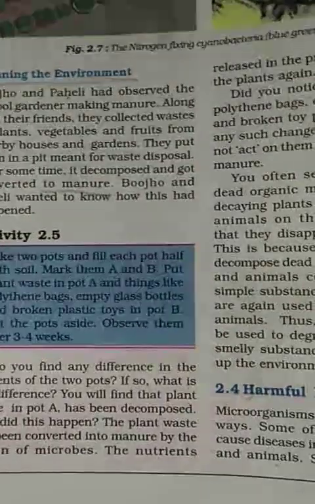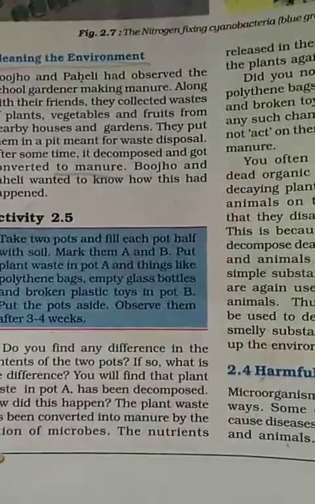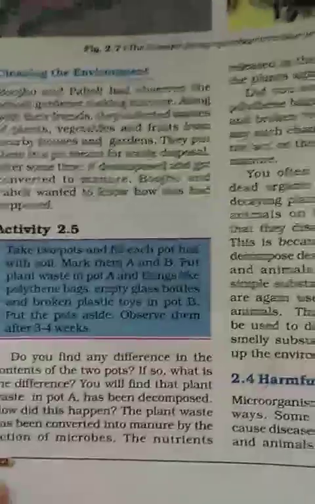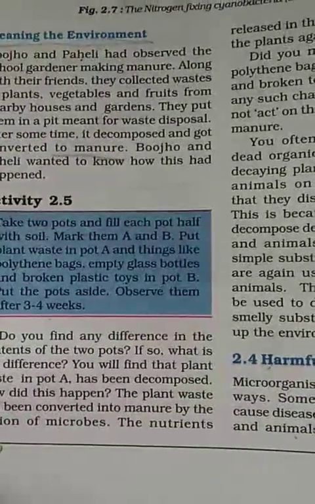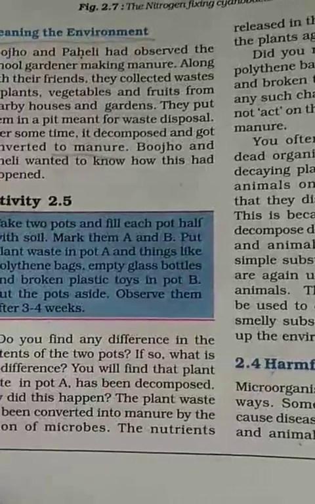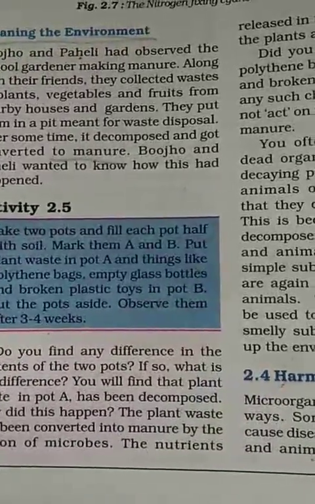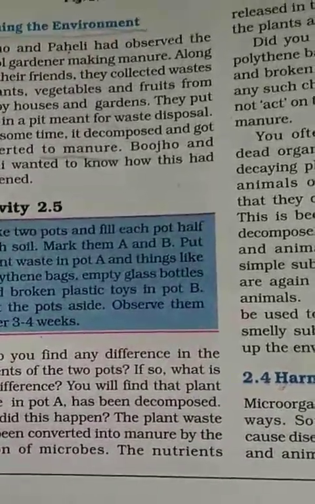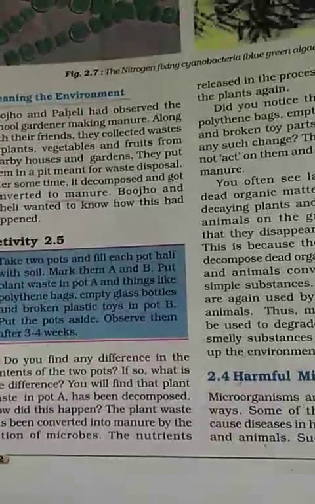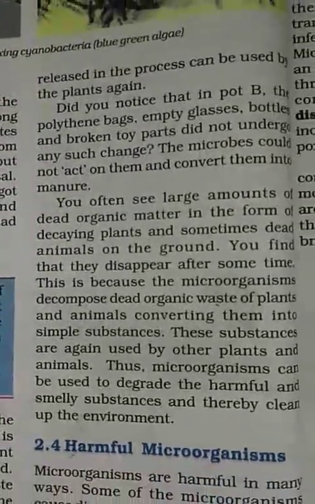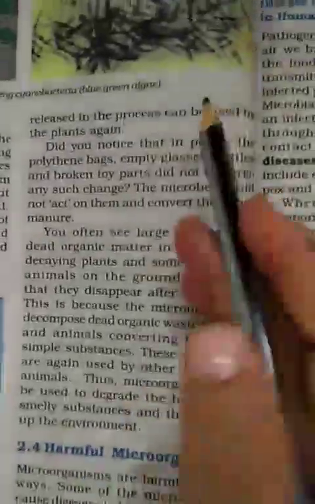What is the difference? We will find that the plant waste in pot A has decomposed, and in pot B no change can be seen. The plant waste has been converted into manure by the action of microbes. The nutrients released in the process can be used by the plants again.